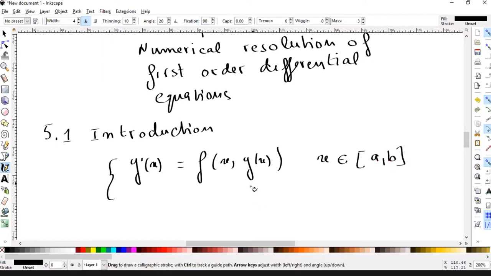Okay, where [a, b] is a given interval. We have the initial solution y of a is equal to some quantity, an initial solution that we call y0, right?